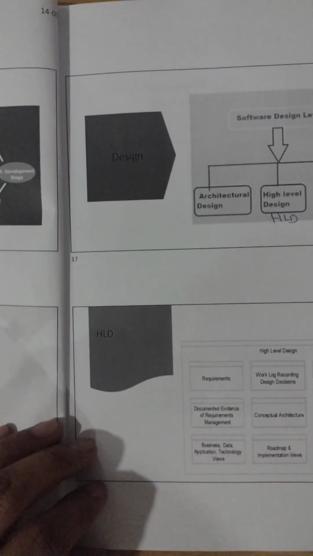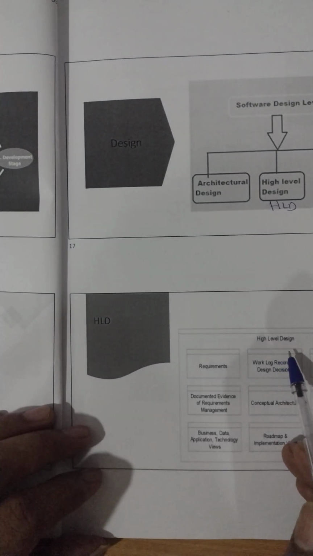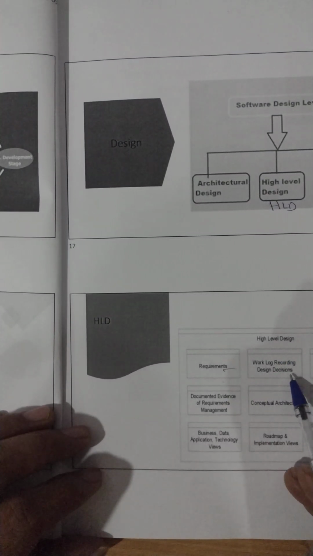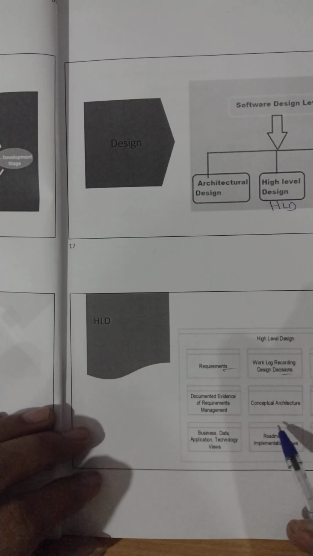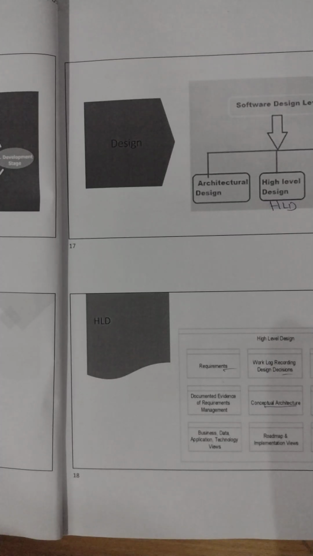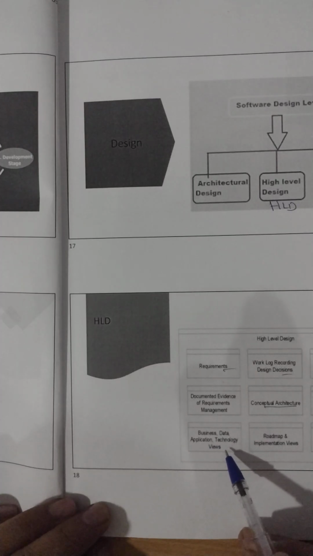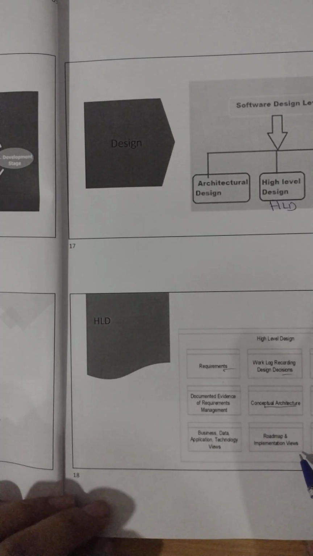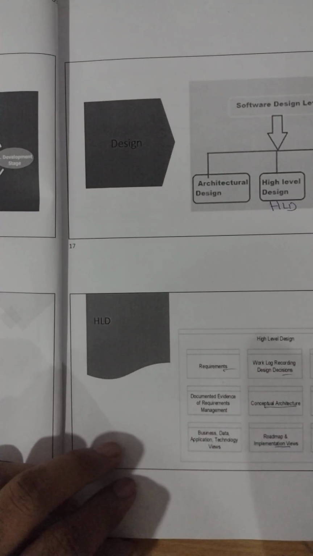In high level design, HLD, we take design decisions, we make the business case, we have the conceptual architecture, and we prepare the views with respect to requirements: business, data, application, technology views, implementation view and layered view.